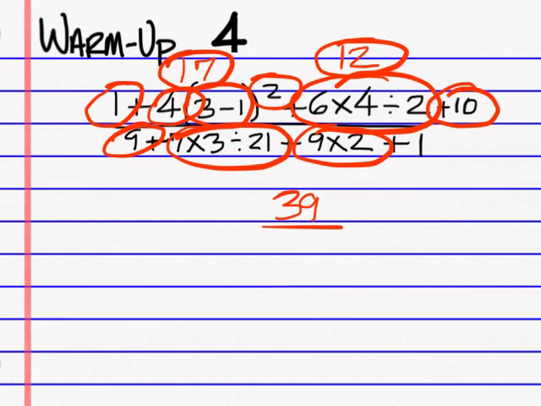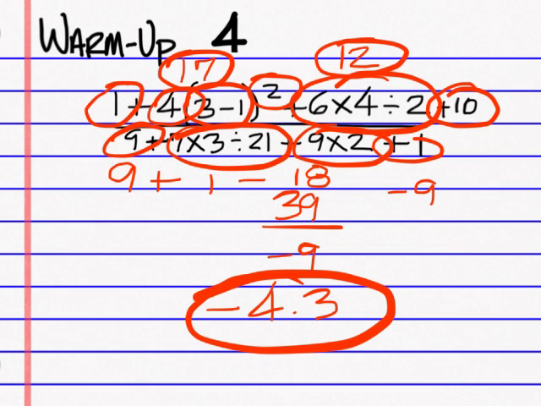That's 18 plus 1 is 9 plus 1 is 10, minus 18 is negative 8, plus 1 is negative 9. And then divide 39 by negative 9 to come up with negative 4 point what? Can you divide it in the calculator? Negative 4.3. Negative 4.3.